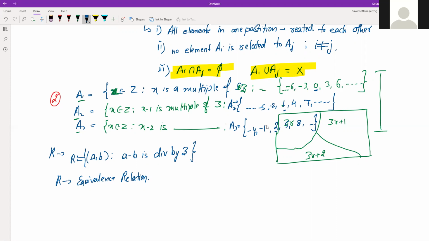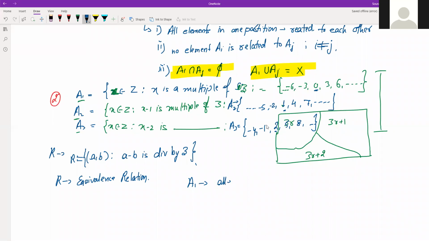Now if we see A1, if we take 0, 3, 0 minus 3, 0, 6, 0 minus 6, all these belong to A1.